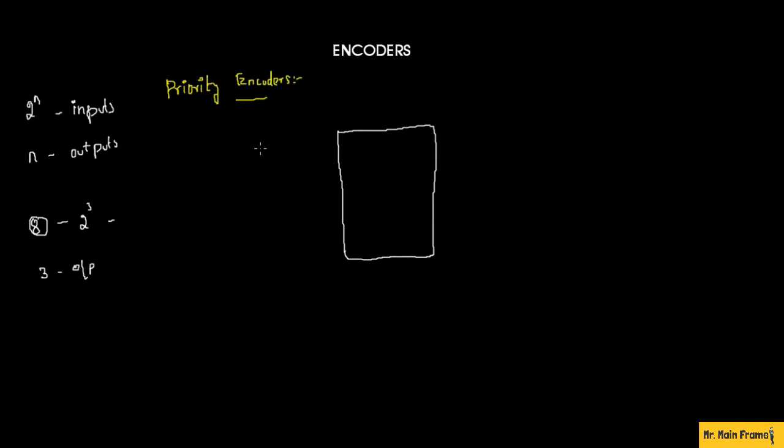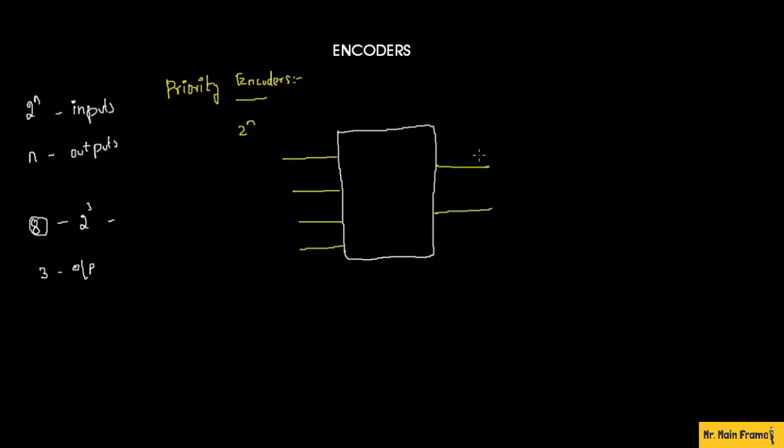And as I told you, if there are 4 inputs, for example, this is input 2, and this is input 3, and this is input 4. So there are 2 power n inputs and n number of outputs. So 4 inputs are there. 4 means 2 power 2. So in the place of n, we can put 2. So we'll have 2 outputs.